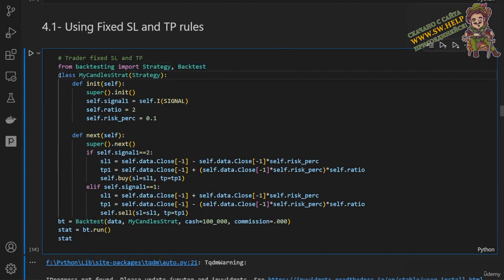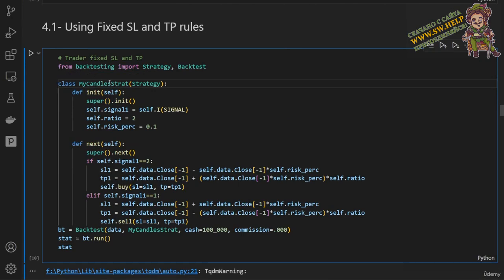So now we can import from backtesting the Strategy class and the Backtest class, and we're going to create our class, MyCandleStrat, for example. It inherits from the Strategy class, and we're defining signal1 equal to signal, and the ratio variable equal to 2, so the take profit to stop loss ratio is equal to 2, and the risk percentage is 0.1.